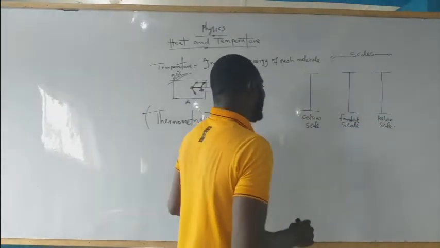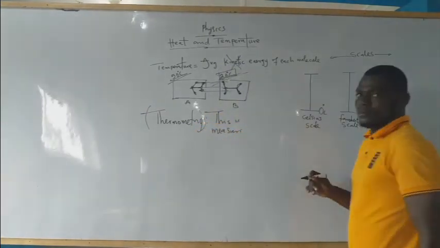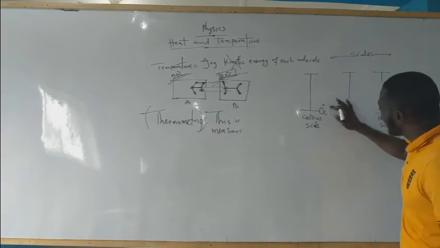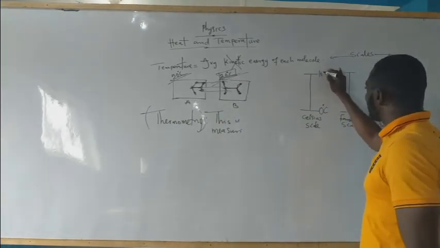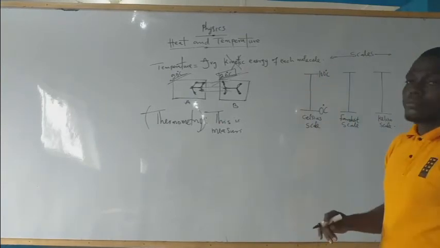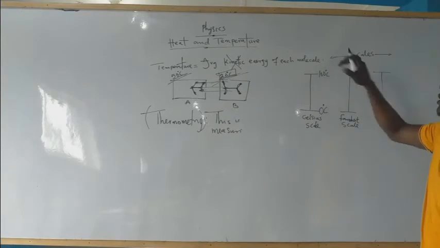When you talk about the Celsius scale, we have 0 degrees Celsius to 100 degrees Celsius.